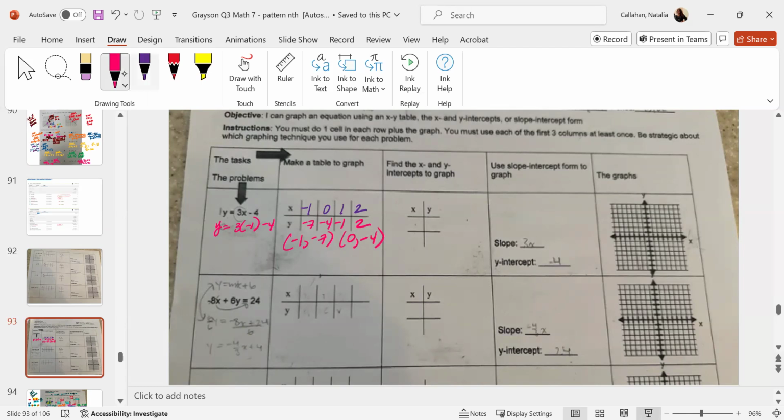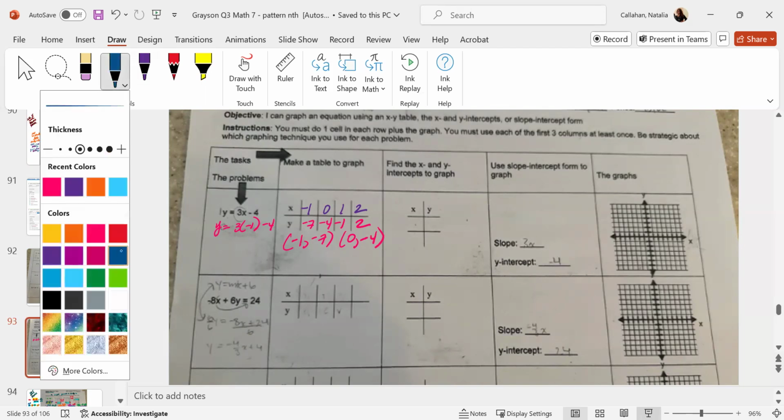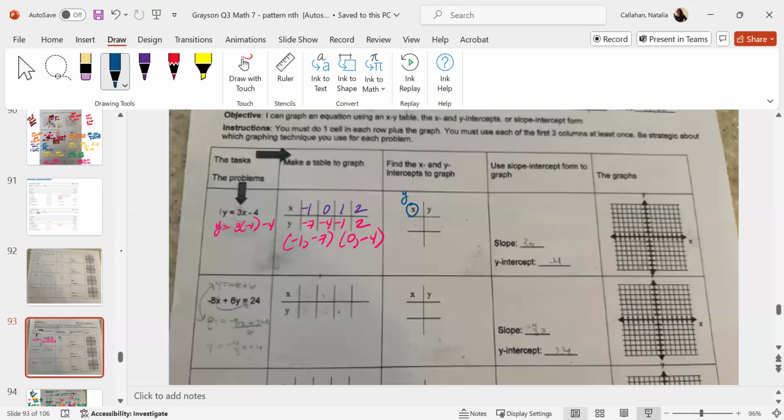Next part, where you're doing the x and y intercept. If you're looking for the x-intercept, y equals 0, right? Put a 0 right there. So if y is equal to 0, you just cover the y like this, correct? And so it's 0 equals 3x minus 4.